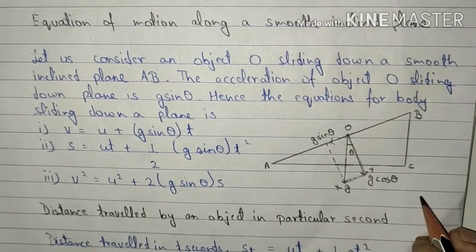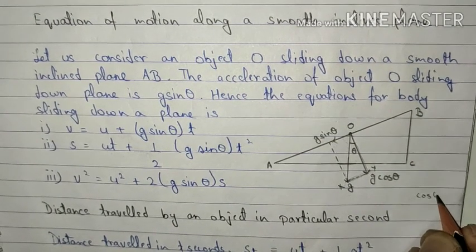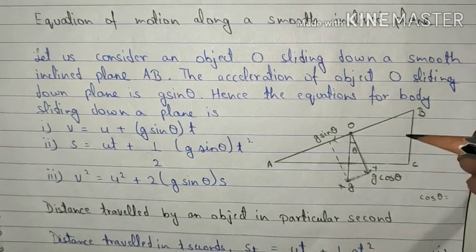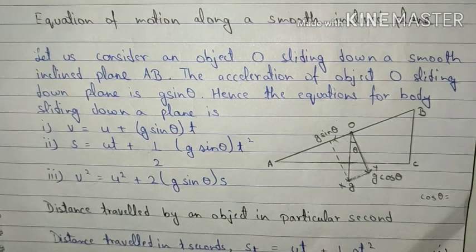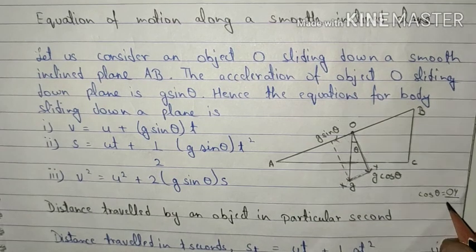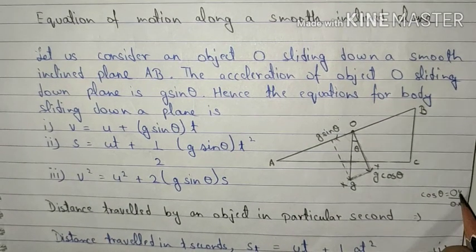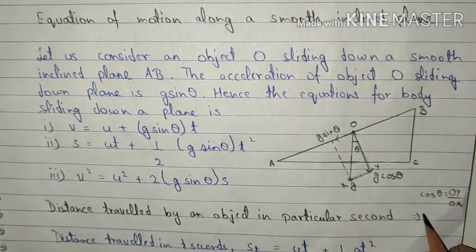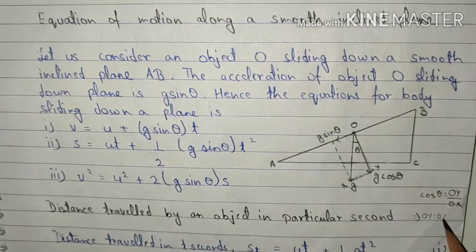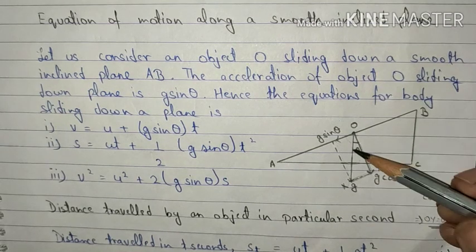Cos theta will be given as OY, that is base, upon hypotenuse, which is OX. So we can write OY as OX cos theta.